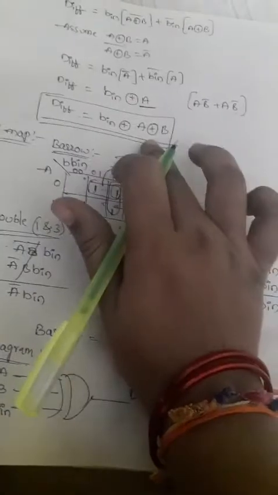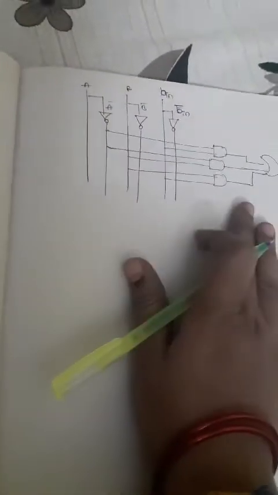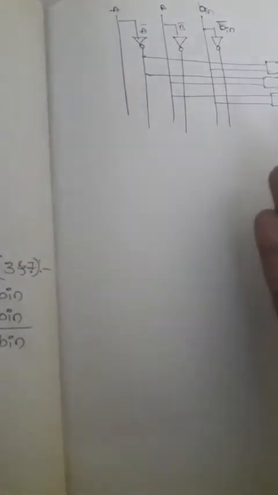If you want to draw the logic diagram for this expression, that is also correct, and for that expression, that is also correct. So all the diagrams will be correct. That's your wish how to draw the logic diagram. It depends on the expression, so whichever expression you choose is your wish.